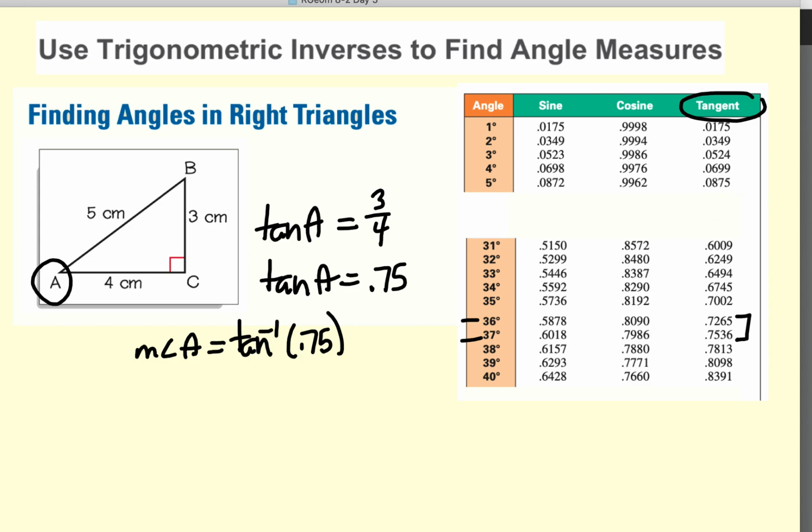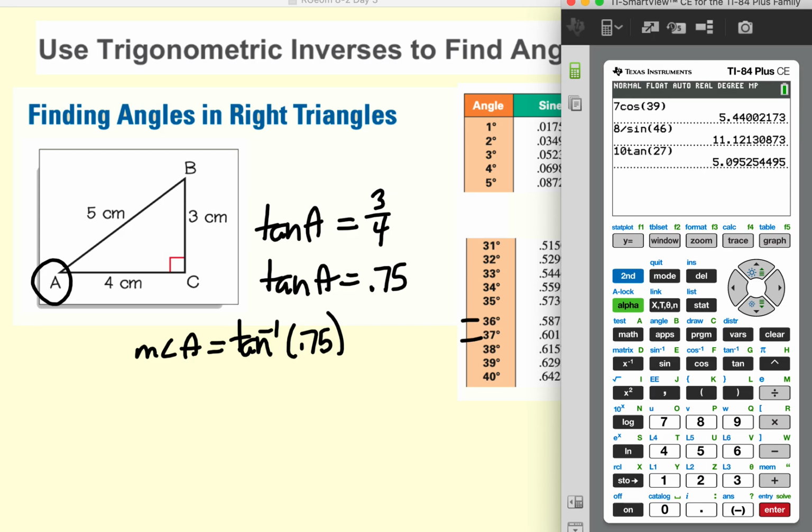Let's go ahead and go to the calculator, and let me go ahead and clear everything. I want you to look over here at tangent, this button, and look right above it. There's a tan inverse symbol. So this is what we're going to have to use. It's blue, so we're going to have to use second tangent, and you can see that's that tan inverse. And the calculator wants us to give it the ratio.